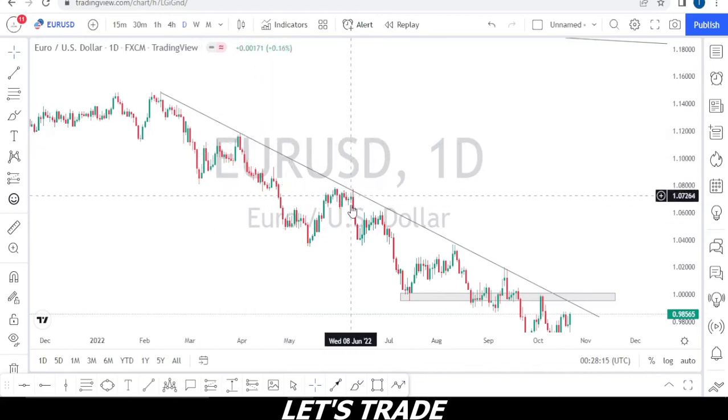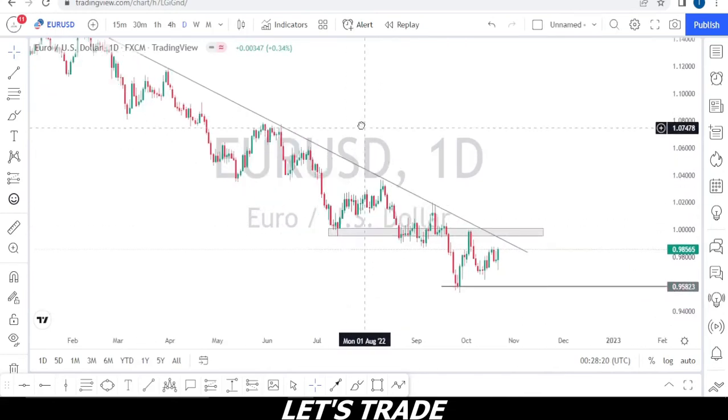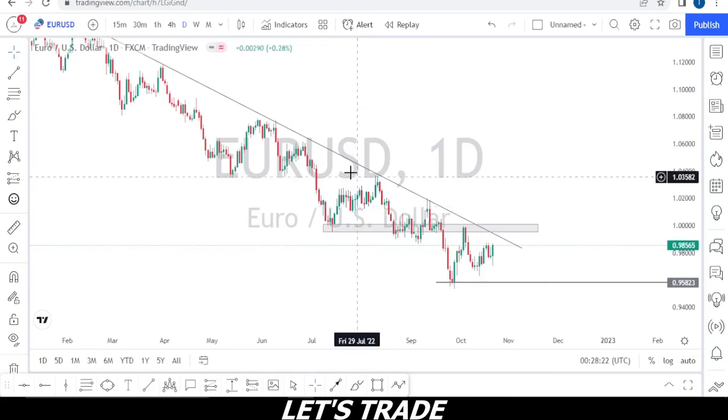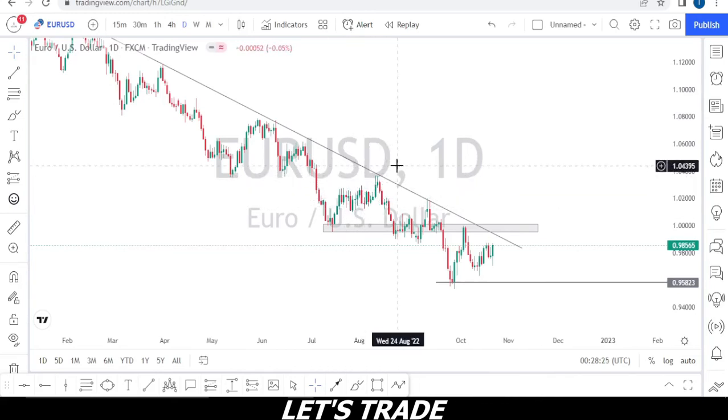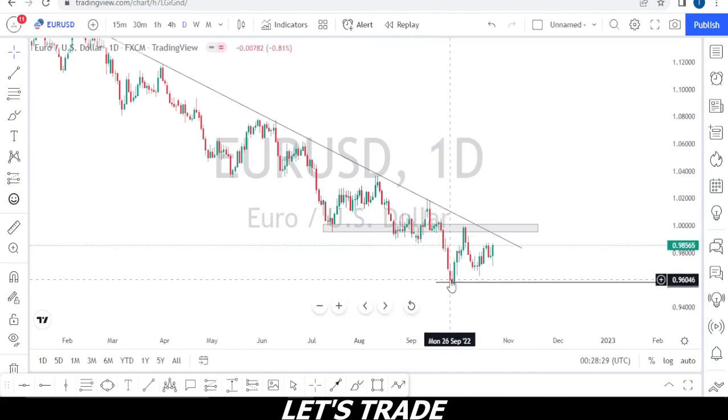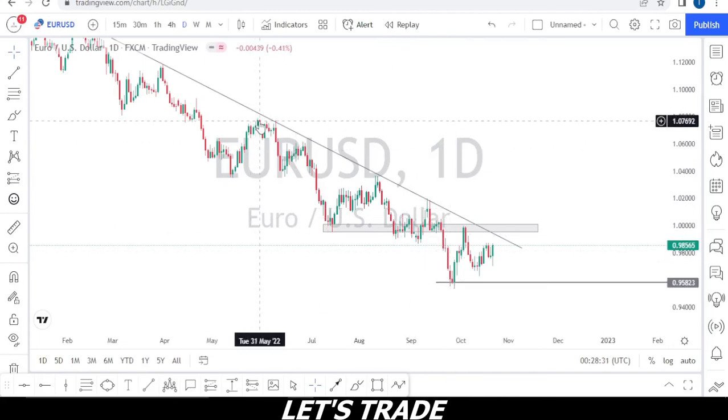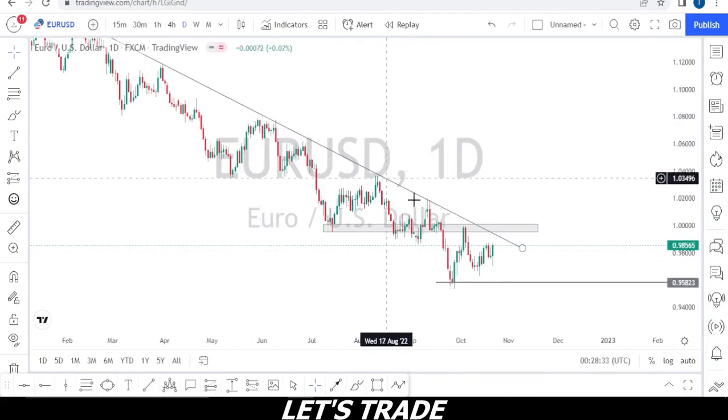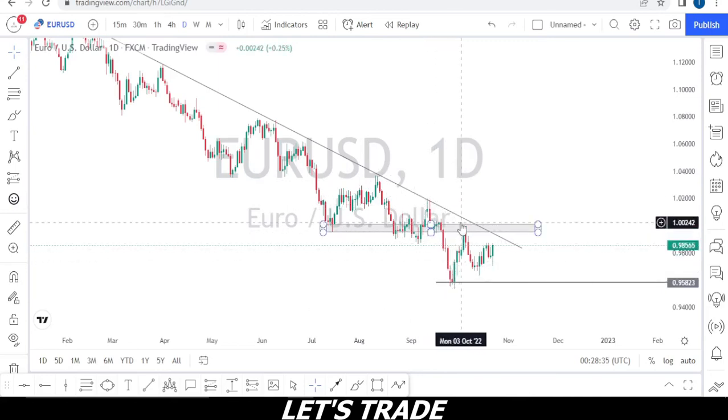There was some kind of confusion here, but after that we had this impulsive move to the downside. We had some lackadaisical move here, then some selling pressure again to the downside. Now we've been creating consistent lower highs and lower lows.